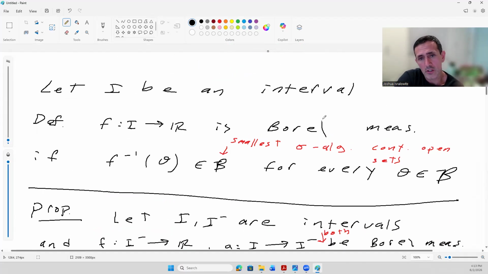As I said, this is a very strong definition, because we don't know at all what Borel sets look like, and there are a ton of them, way more than there are open sets. F sigma sets are Borel, G delta sets are Borel, countable unions and countable intersections of these sets are Borel, complements of these, et cetera.